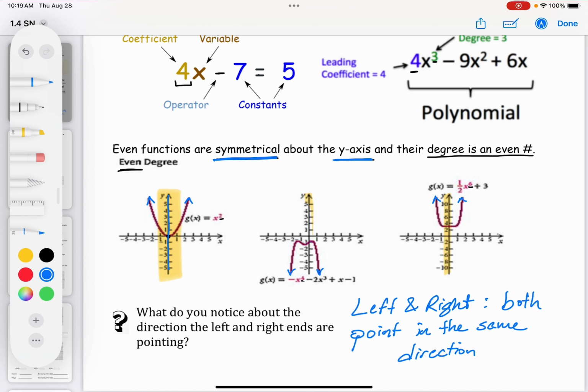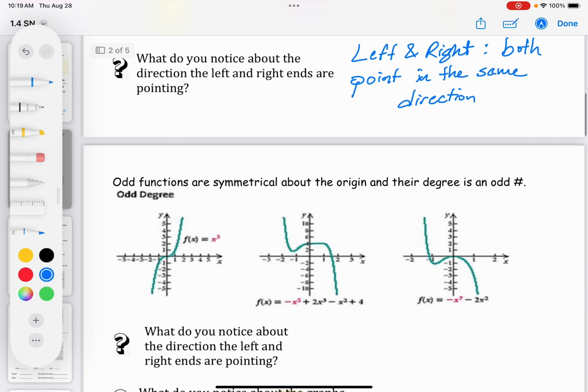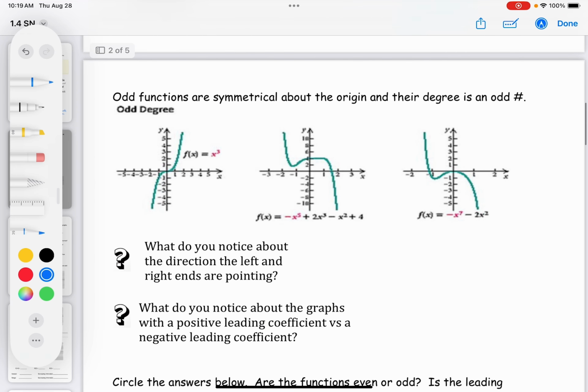Another thing we want to look at is the end behavior. If these both point in the same direction, that leads us into our odd functions. Looking at their end behavior, one is going up and to the right, one's going down and to the left, one's going up and to the left, one's going down and to the right.